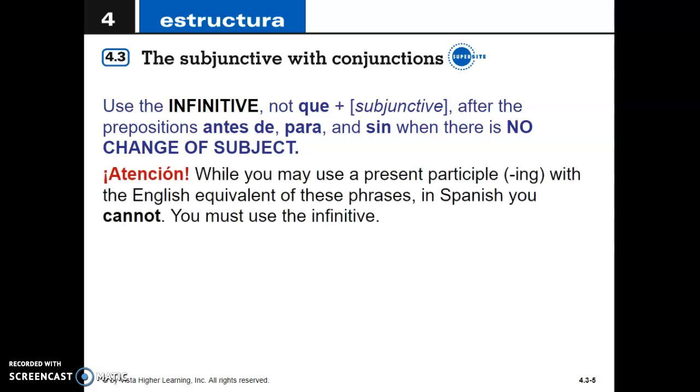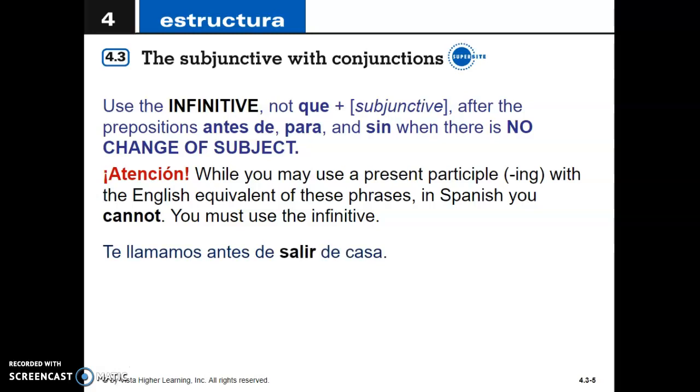I've talked to a lot of students about this while we were still in class, but we use the ing, dancing, singing, going, a lot more in English than they do in Spanish. So while you may use that in English with these phrases, in Spanish you don't. It just doesn't make sense in that language.